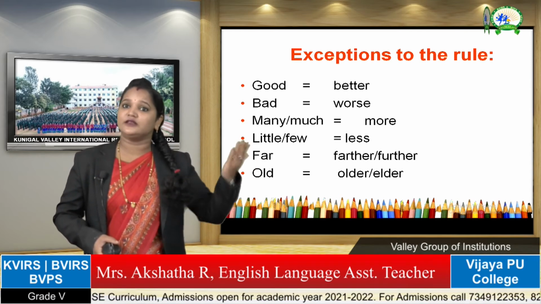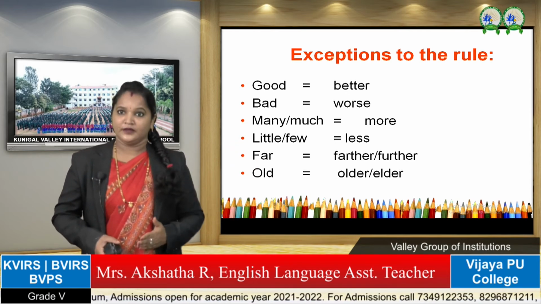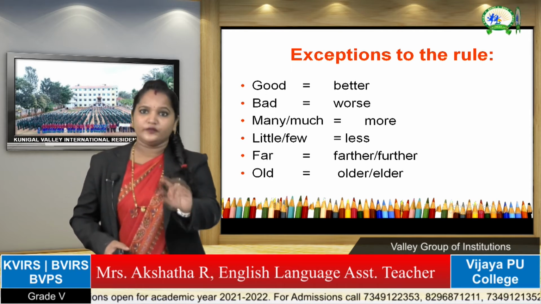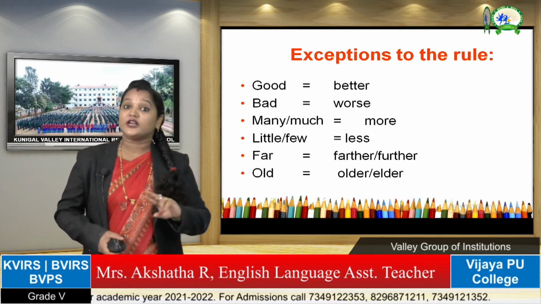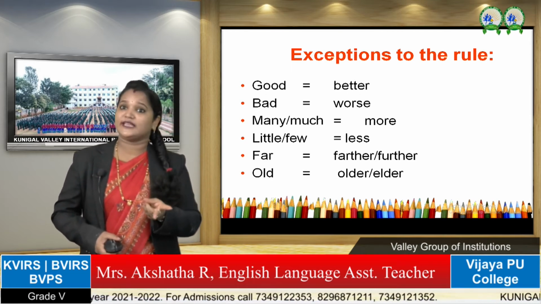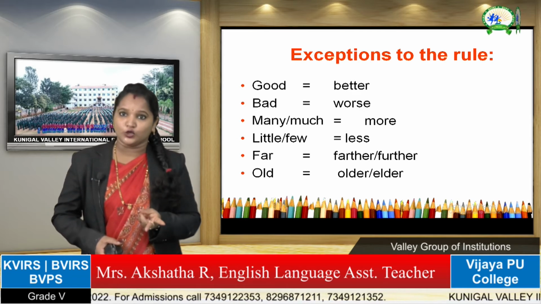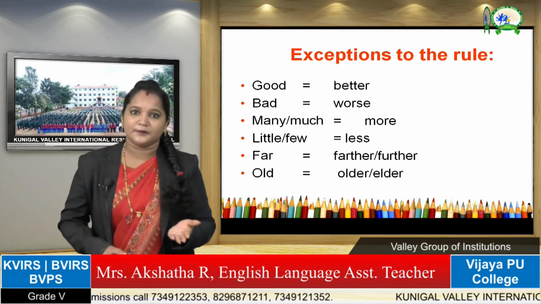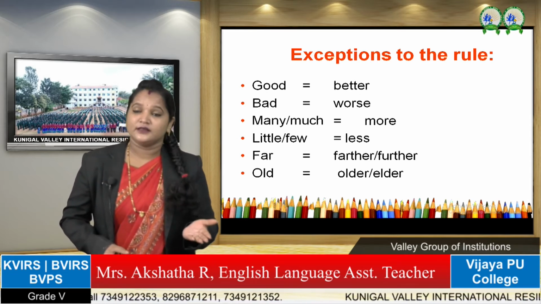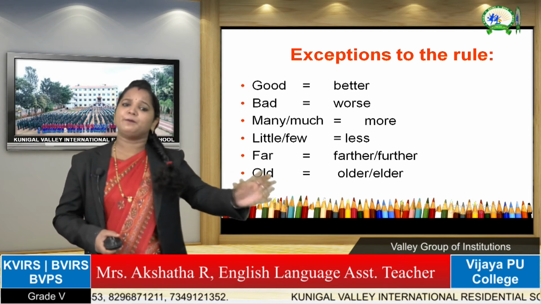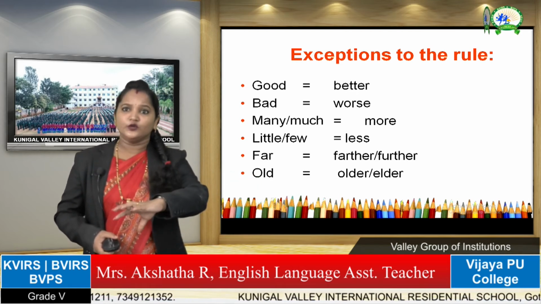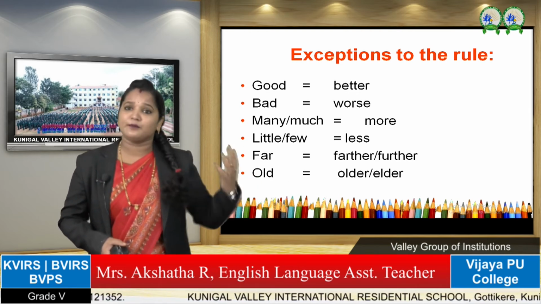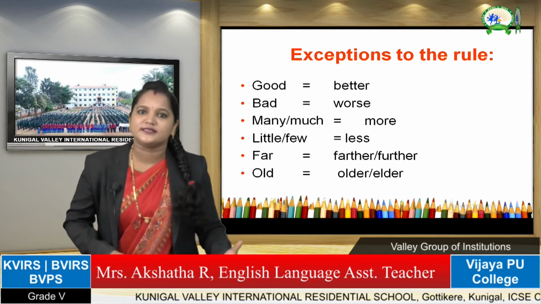We are changing the word completely. When we talk about only one noun, we will say good. But when you are comparing two things, we will not say gooder or more good. You will say better. When it is bad, when you compare with the other person, you will not say better or more bad. You will say worse.